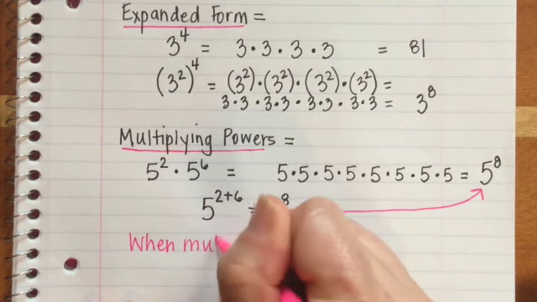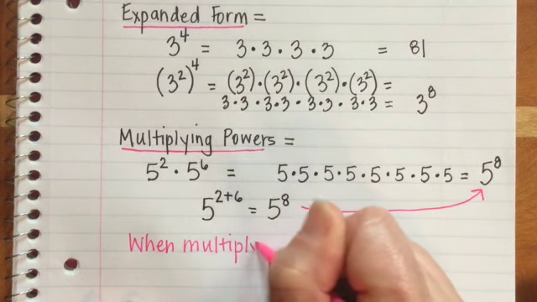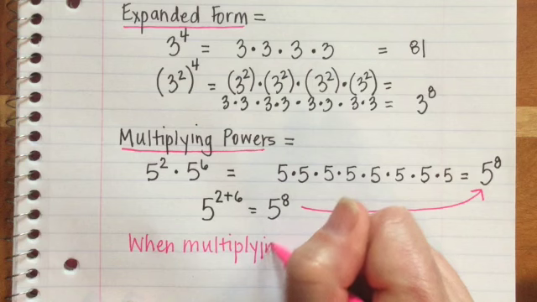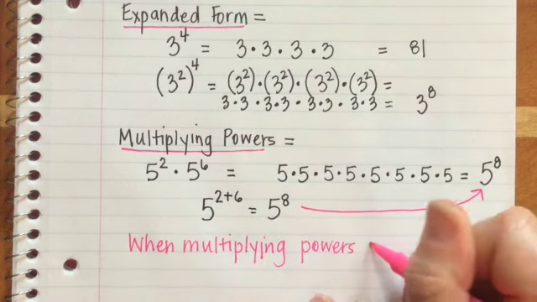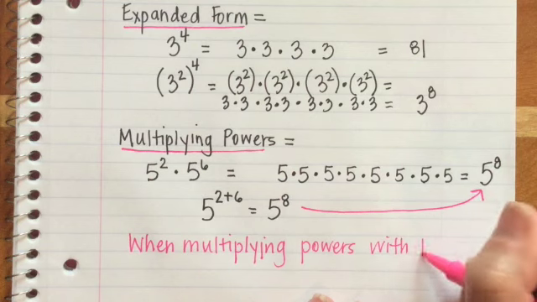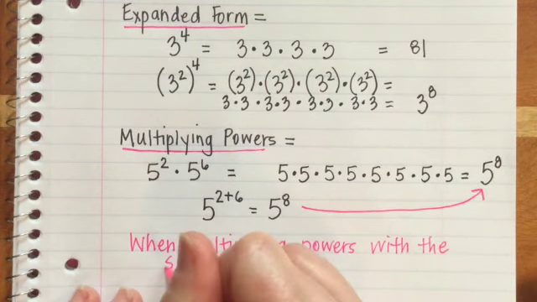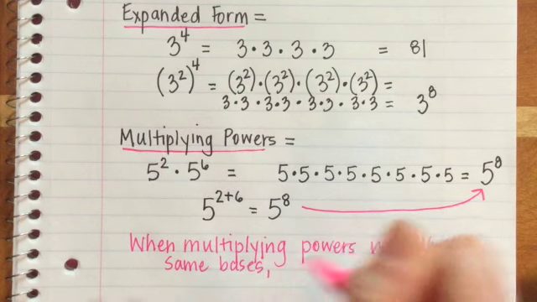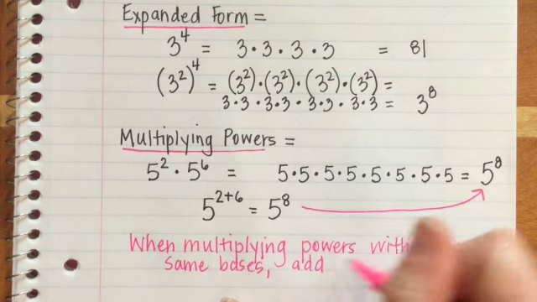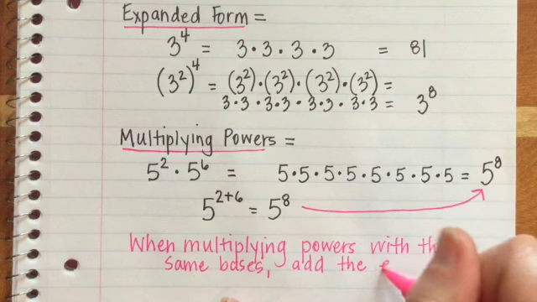When multiplying with the same bases, that's key. All you need to do is add the exponents.